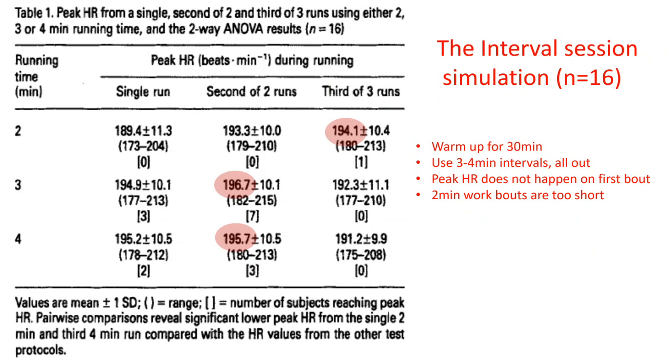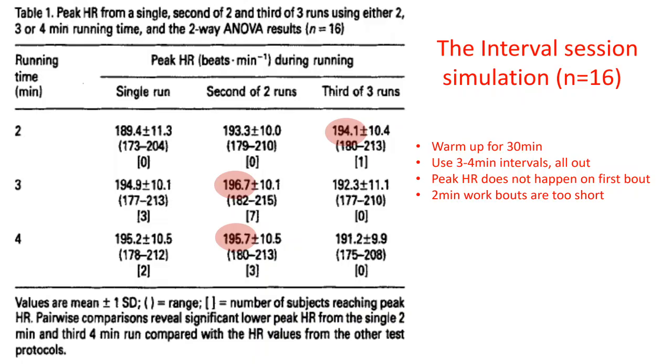Now, another question they ask is, what happens if we use different combinations of running time and break it up into intervals? So this is the interval session simulation to find maximum heart rate. They had the athletes do the 30-minute warm-up. Then they used 3 or 4 minute intervals, either 2, 3, or 4, I should say, all out.